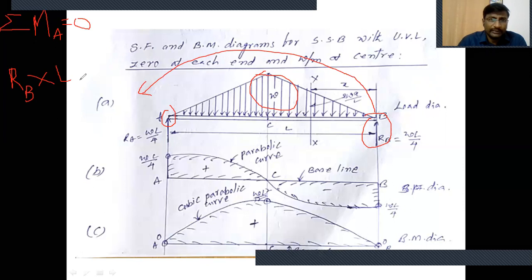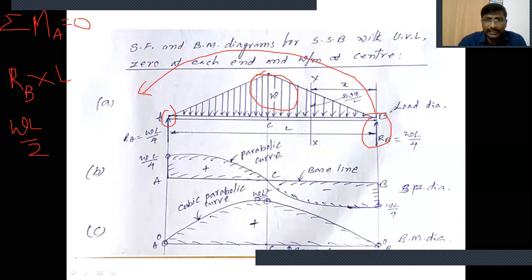Then the triangular load is there. I told you that the total load acting on the beam is wL by 2, that is the triangle area. The area of the triangle itself is the load. So where is this load acting? This total triangular load is concentrated at the CG of the triangle. Where will the CG be located?